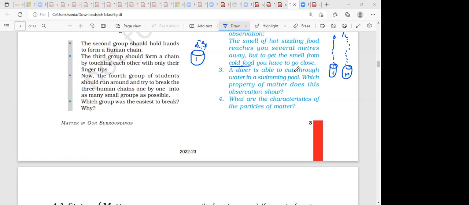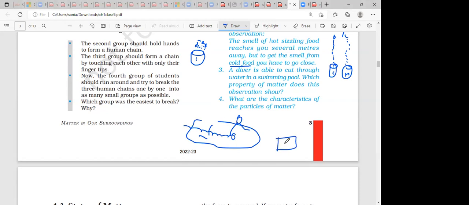See, a diver is able to cut through the water. This is water, and this is a person who is going to dive. So he will cut through the water from here itself. He'll just move, he'll swim. But for example, if I throw this person in a box, this is liquid, this is solid, right? If I throw him in a box, he cannot cut that box, right? But in water, in liquid, he can cut it.